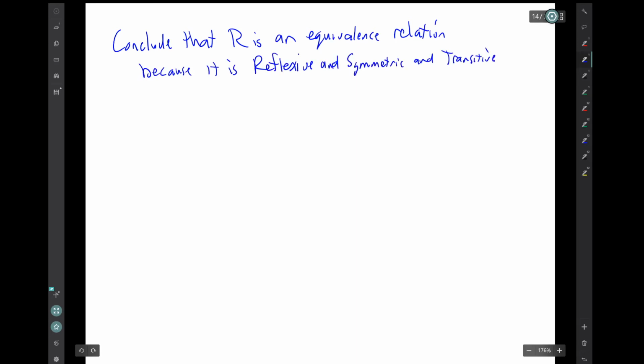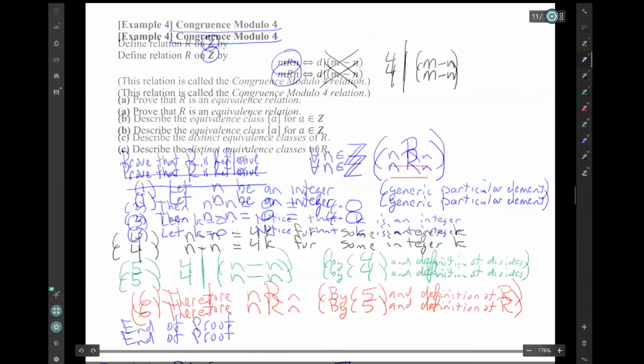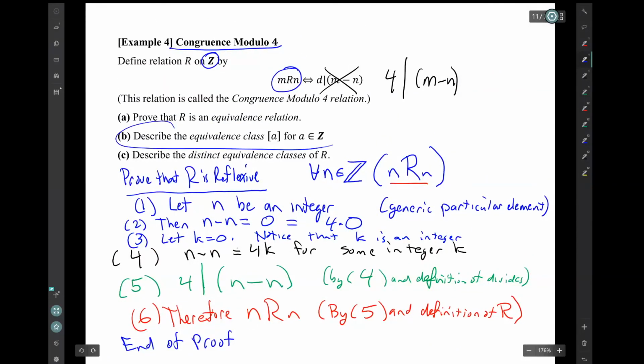So R is an equivalence relation because it's reflexive and symmetric and transitive. Question B, describe the equivalence classes. Let's go and do that on that last page.